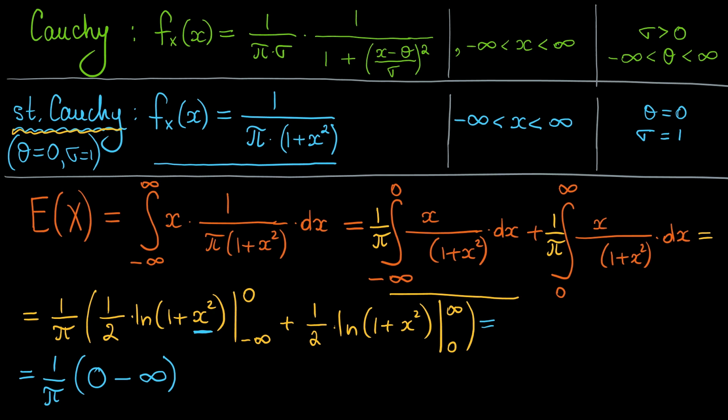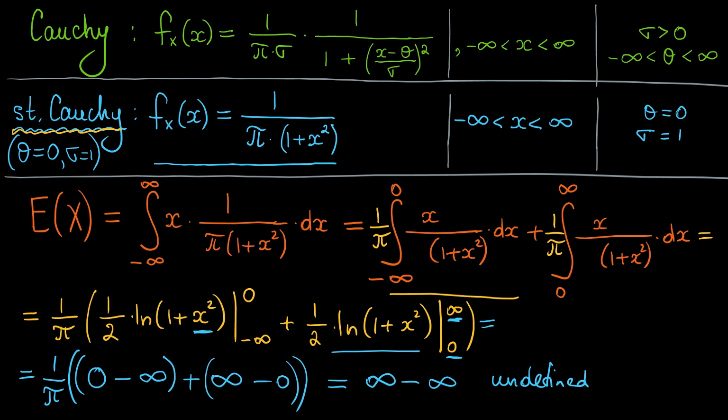Okay, and I need another parenthesis here. We've got a plus here, and now when we evaluate the second expression at infinity, we're going to get infinity, and when we evaluate at 0, we're going to get 0. So essentially what we get is infinity minus infinity, which is undefined.